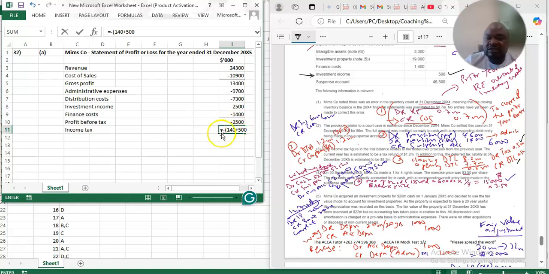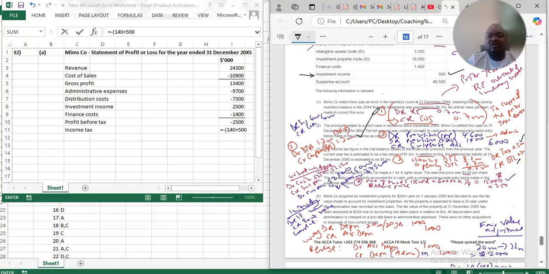We were told that there is going to be some refund expected, so obviously there is going to be a credit on the corporation tax of 1.2 million, which means this one is there to reduce our corporation tax, right?